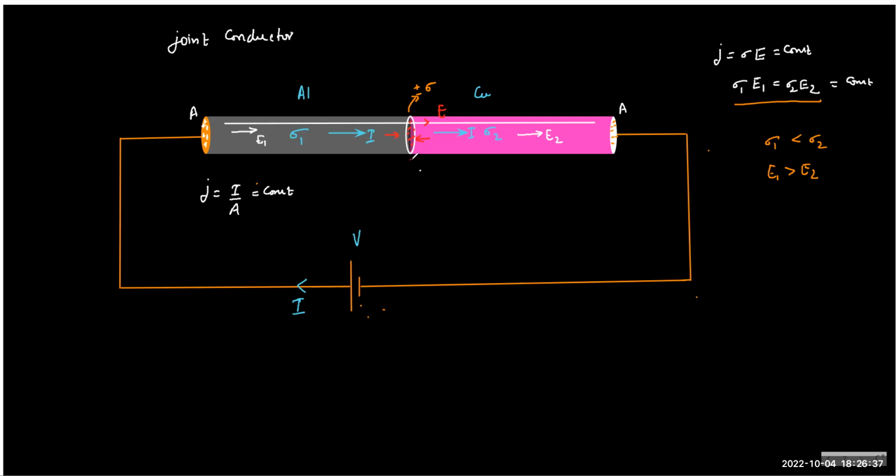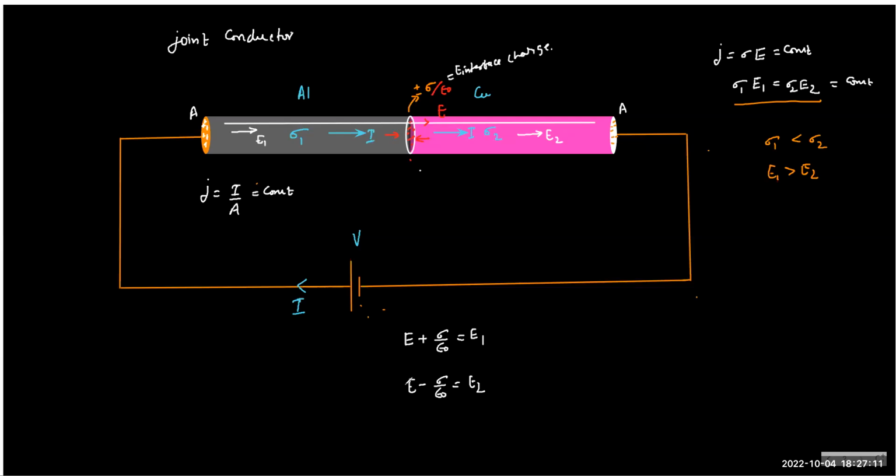If the interface has charge density sigma, the field it creates is sigma by epsilon naught. So the actual field without any induction plus sigma by epsilon naught is E1, and E minus sigma by epsilon naught is E2. This is the reality. Understood?